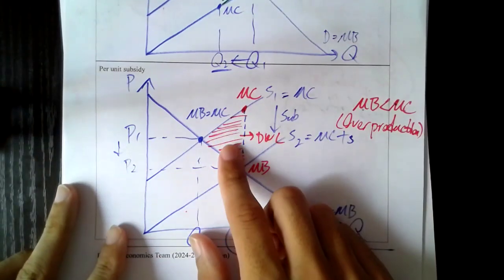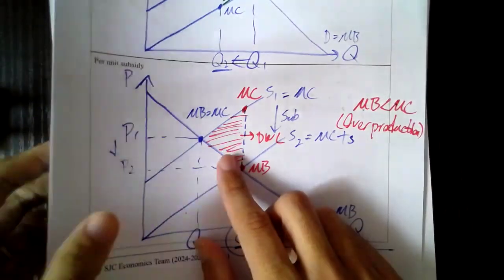Now, there is one thing we haven't dealt with. Okay, so far, we have used the elegant method of MB versus MC to derive the deadweight loss.